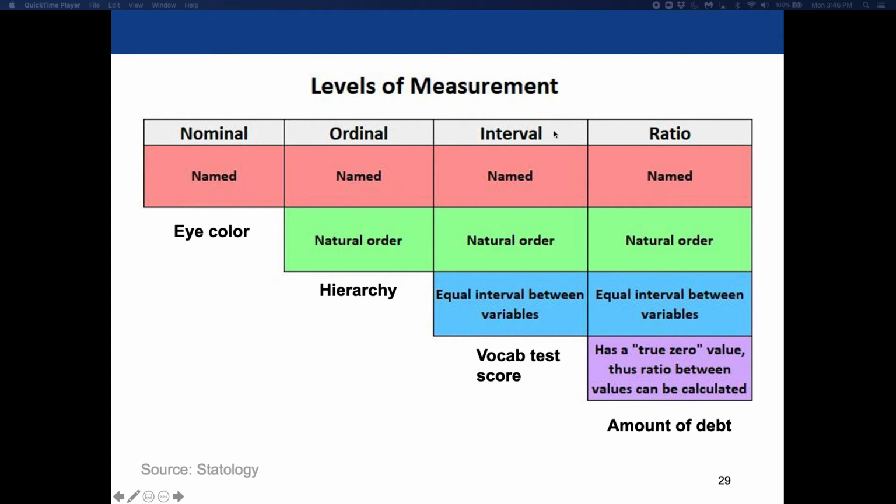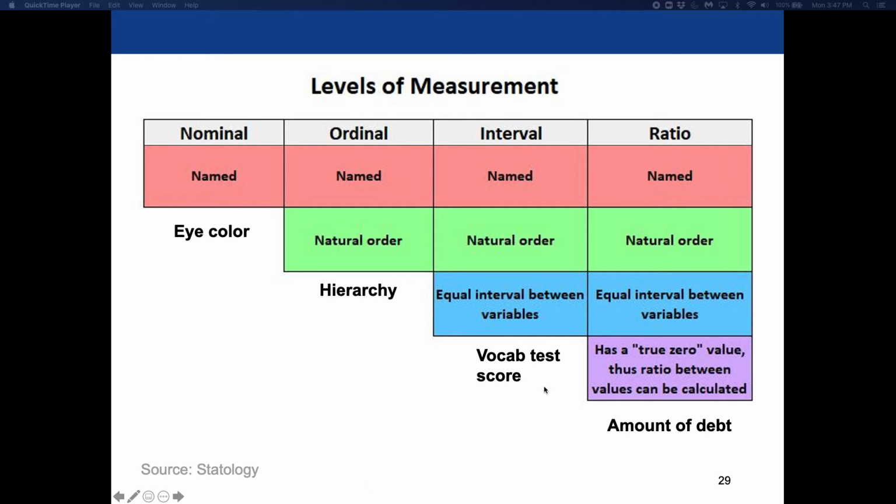In any case, then you have interval, where we are still naming the amounts and the different categories of the variable. Usually we're talking about numbers though. So we have 1, 2, 3, IQ, you have 95, 96, 97, 98, 99, 100. They're named with numbers, and there is a natural order numerically, and then we have these equal spaces in between the levels of measurement for that variable.